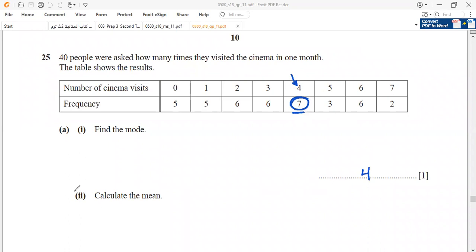In part II, calculate the mean. To calculate the mean, we know that the mean is the sum of all values divided by the number of values.